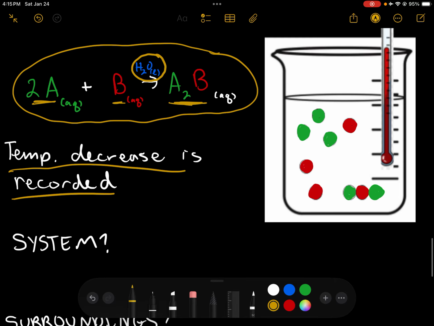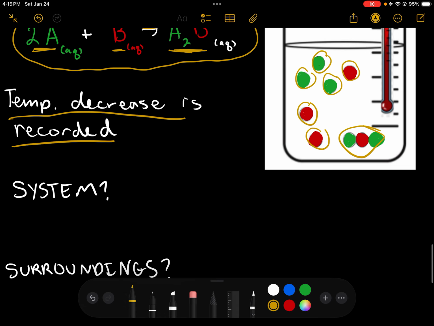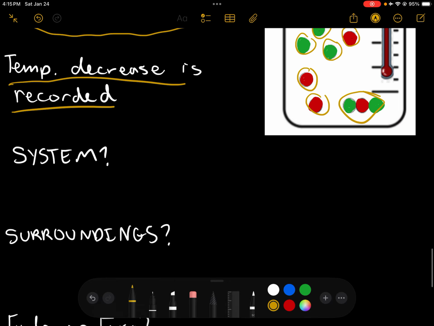So looking at this beaker, the parts of the system are literally the chemicals that are reacting. So that's all of these, the green and red, and then of course the products over here. That's it. There's nothing else in that picture that's part of the reaction system. The surroundings, on the other hand, are actually pretty numerous. The surroundings immediately would be the water molecules, which again are not part of that reaction.